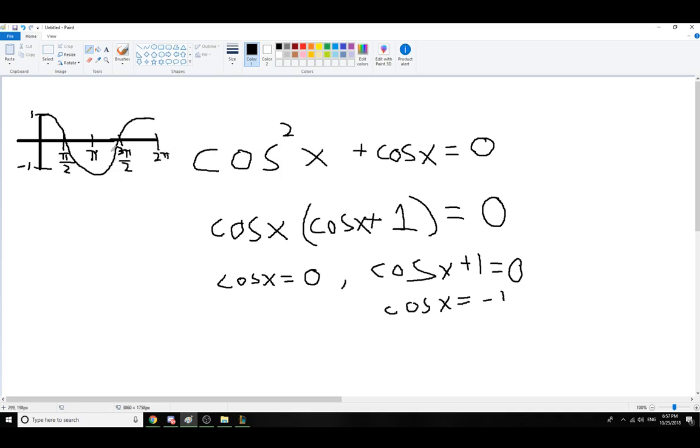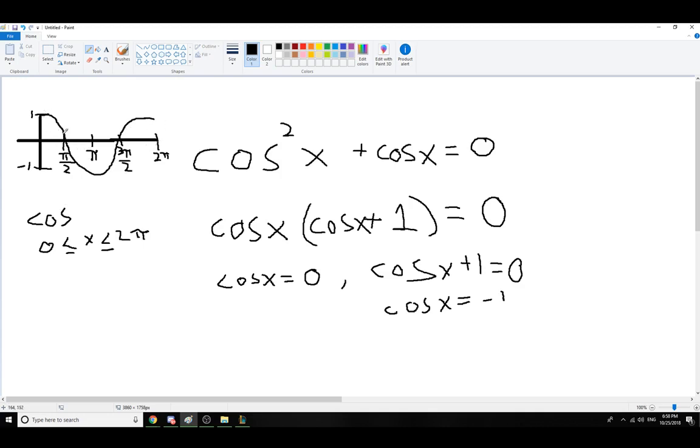So if you don't know what I'm talking about here, just remember that cosine and sine both live between 0 and 2 pi. That's pretty standard in trigonometry. So this is what your graph really looks like here.